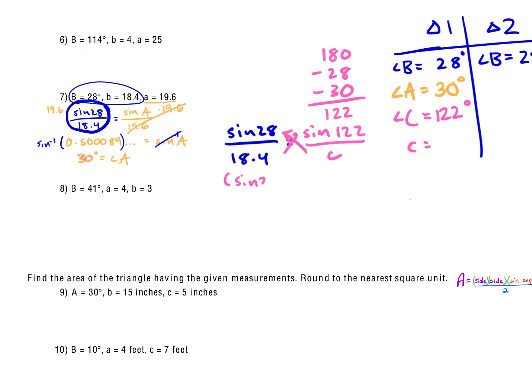C times sine of 28 is equal to 18.4 times sine of 122. And divide by sine of 28 to get the C all by itself. So C is equal to 18.4 times sine of 122 divided by sine of 28. So we get 33.2.